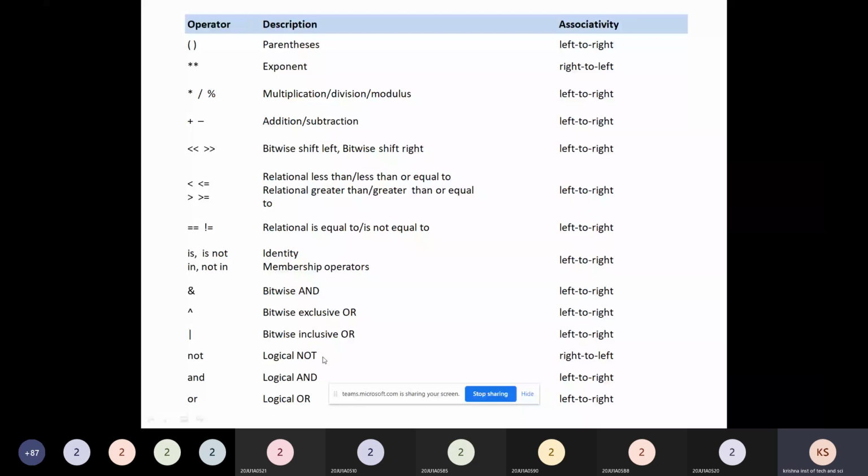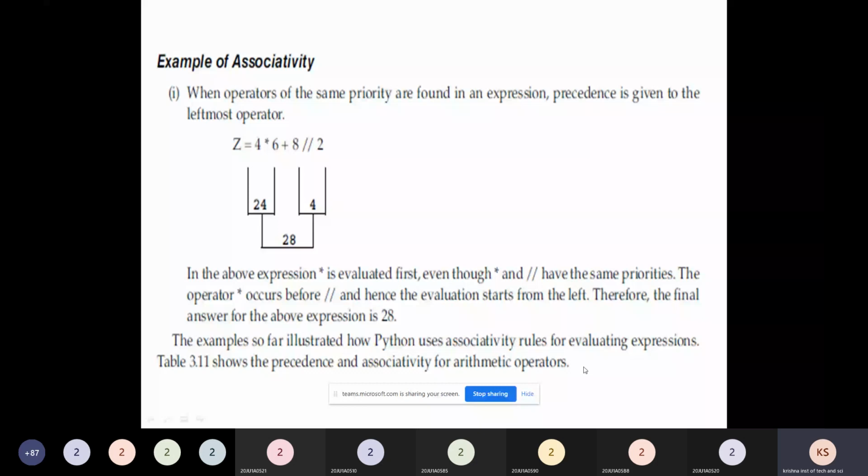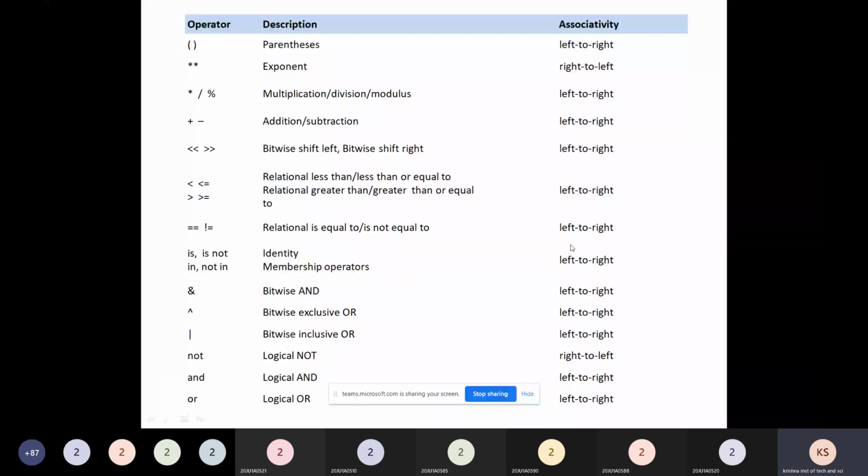Remaining all follow left to right. So only exponent and logical not follow right to left associativity.